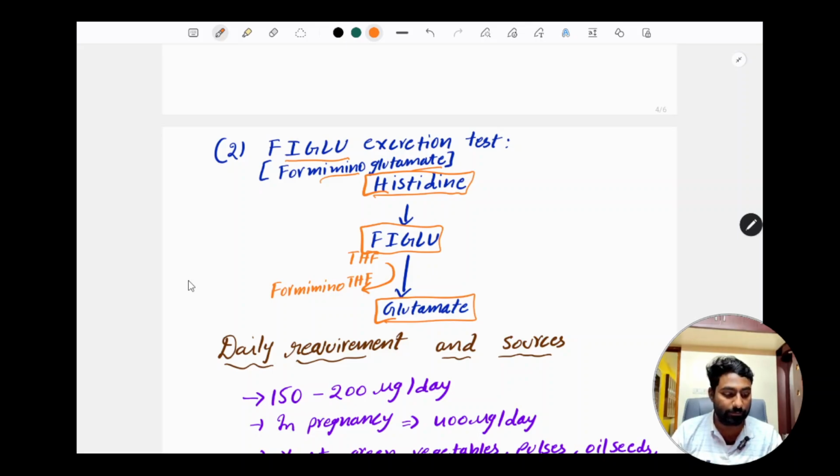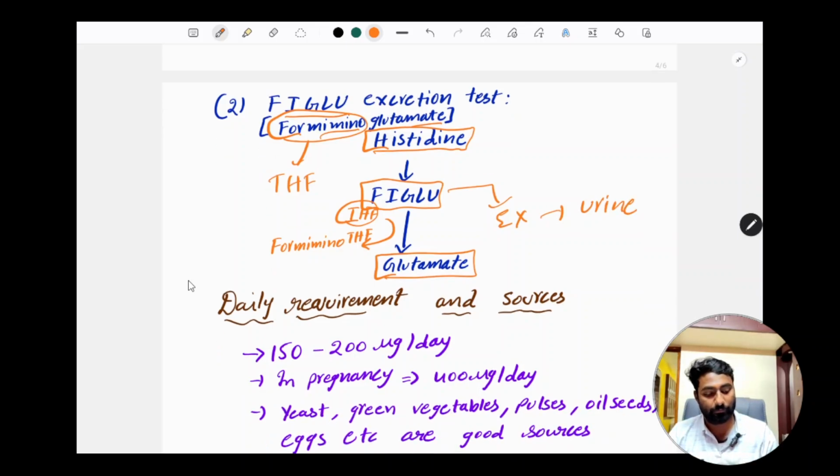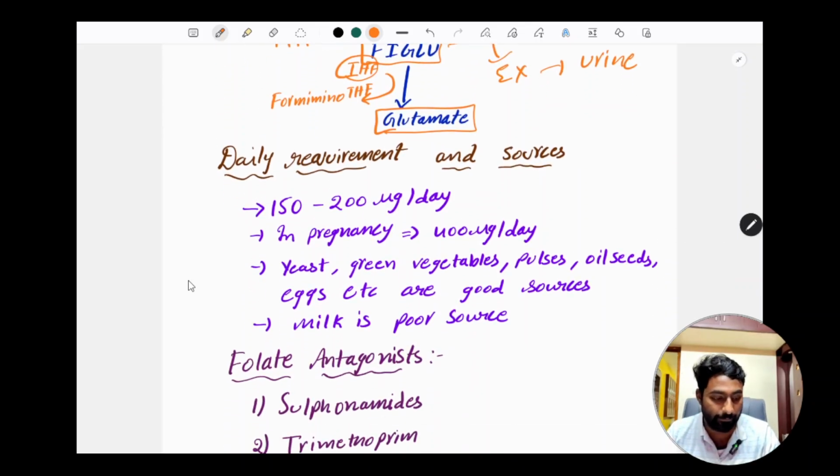This formimino group will be taken up by THF, so that glutamate is formed. Because of deficiency of THF or folic acid, FIGLU will accumulate and be excreted in the urine.